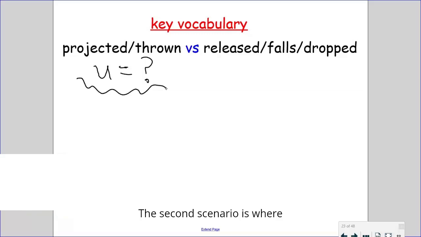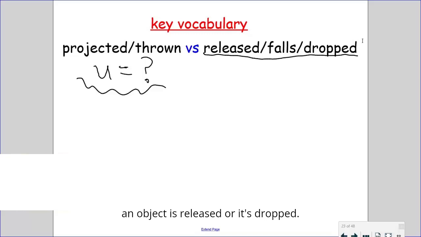The second scenario is where an object is released or it's dropped. What that means is you basically hold it in the air, and then you just leave it. So in this case, you are not applying any pressure or any force at the start. You are simply letting it go from its position. In this case, there's no initial speed. There is no starting speed at all, because all you've done is you've let it go from where it was.